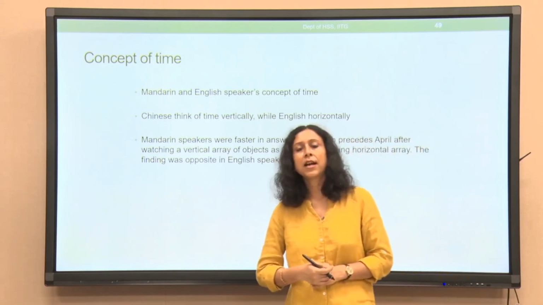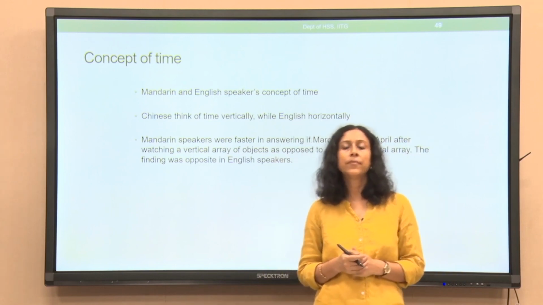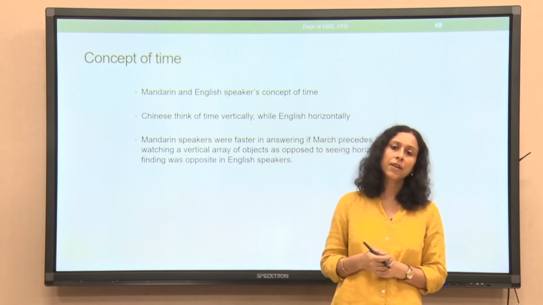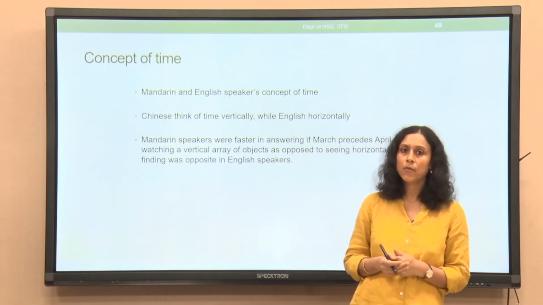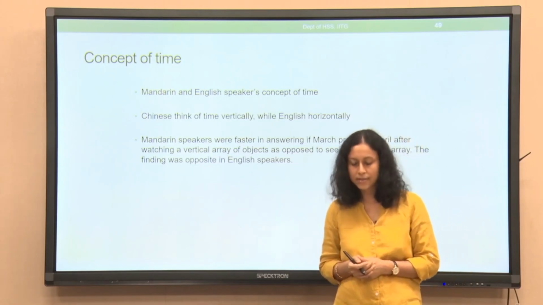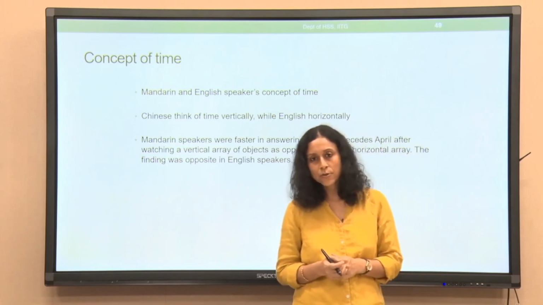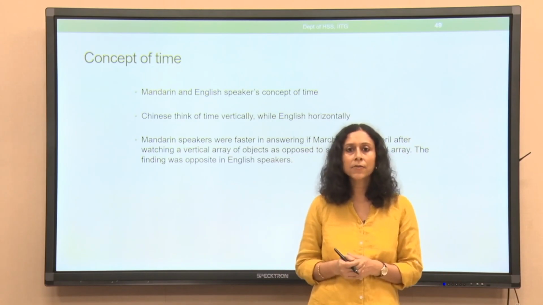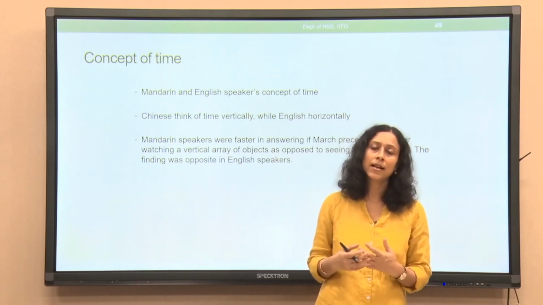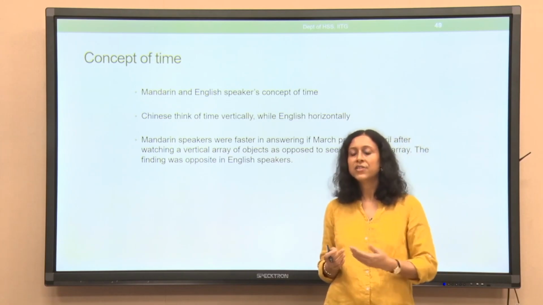Similarly, the concept of time has been studied in detail, in fact, how speakers of different languages look at time. What is time? Of course, this can take you to a transcendental level of understanding and thought, but sticking to real and mundane life, understanding of time also has a lot of differences between, let us say, English and Chinese.